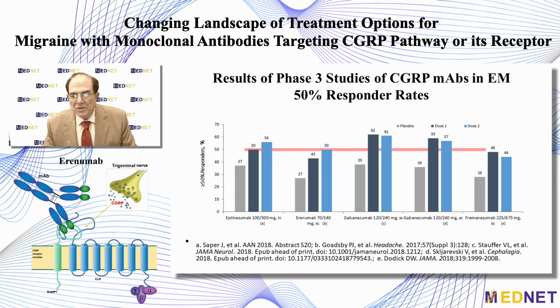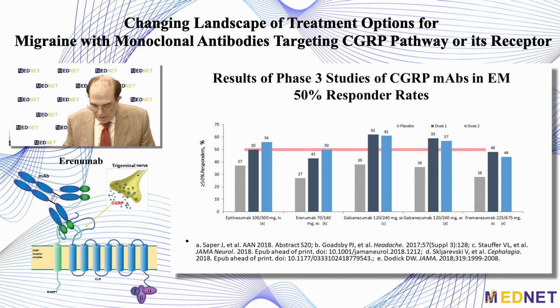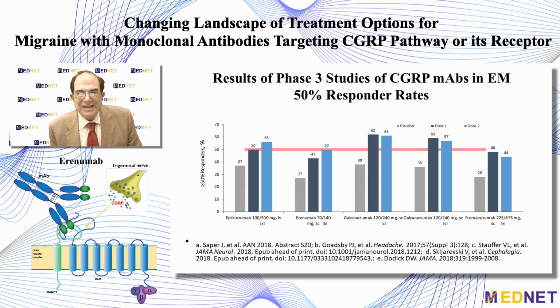So let's take a look at all of the drugs together. If you look at episodic erenumab, galcanezumab, or fremanezumab, the differences are really mainly a function of the placebo response rate. So the highest results have the highest placebo response rate, but if you subtract the result, 56 minus 37, 50 minus 27, 61 minus 39, the therapeutic gain of the difference seems more similar than different.